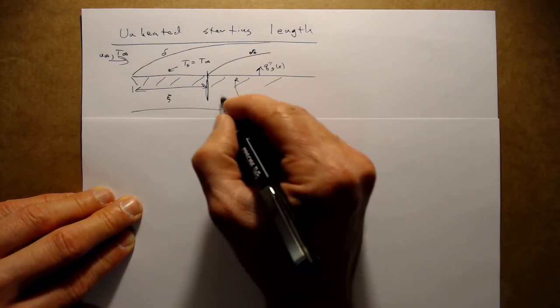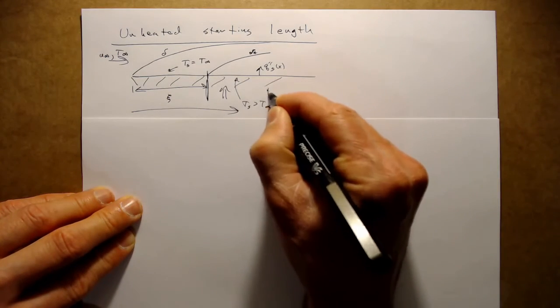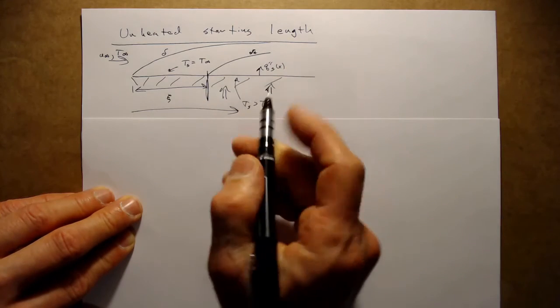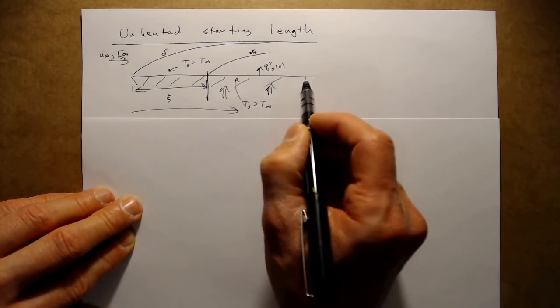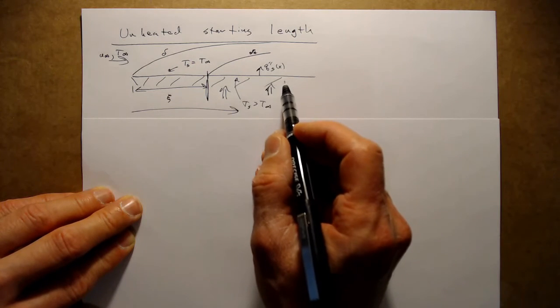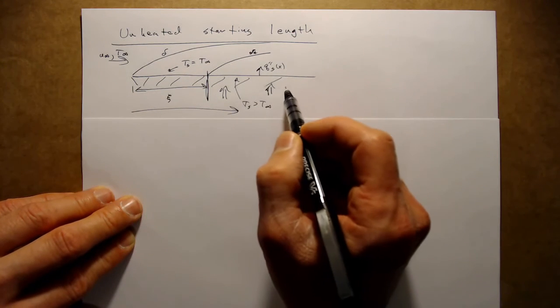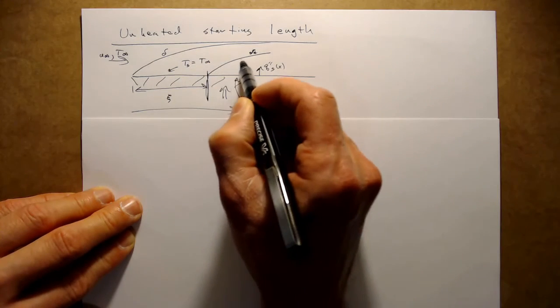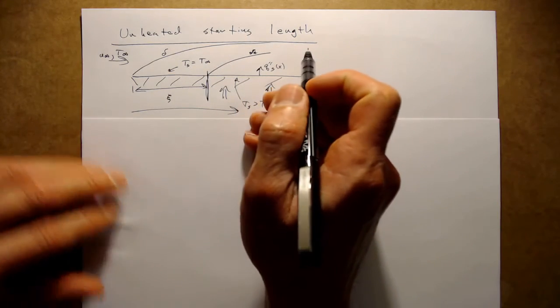At a later region of the plate, perhaps we're adding heat to this plate, and now the temperature of the surface of this plate is going to be elevated above the free stream temperature. So now there will be heat flux leaving that surface, and that will result in a growing thermal boundary layer.